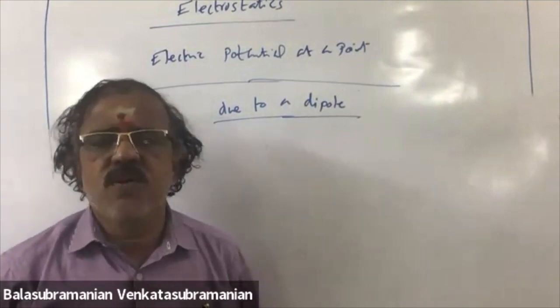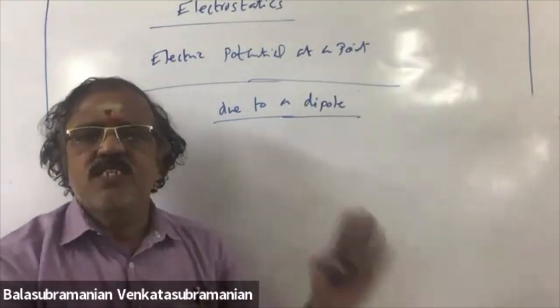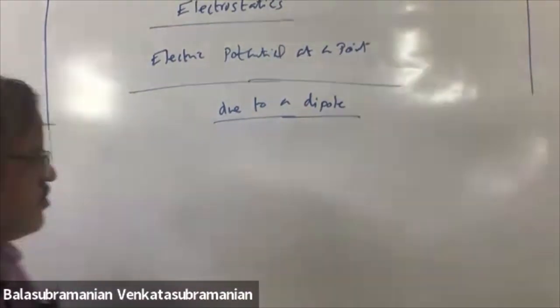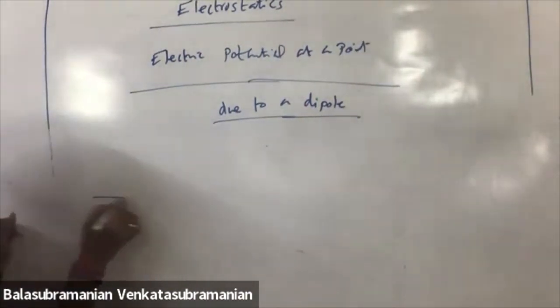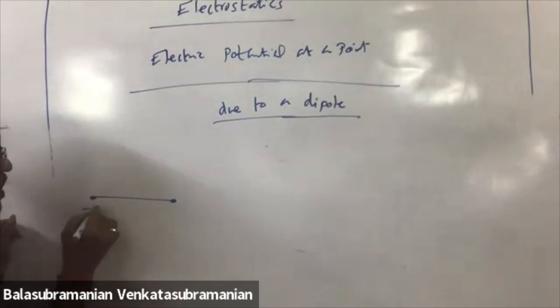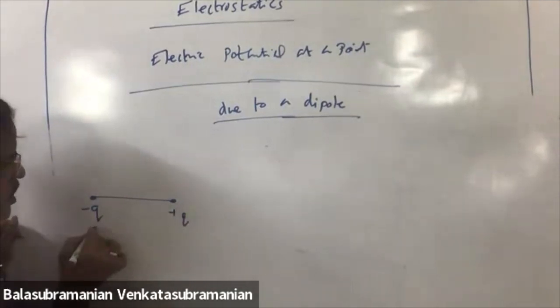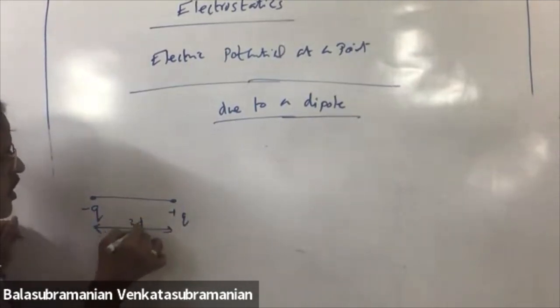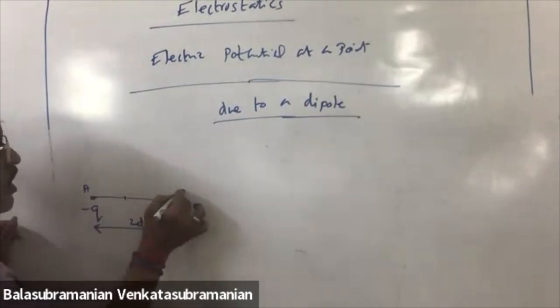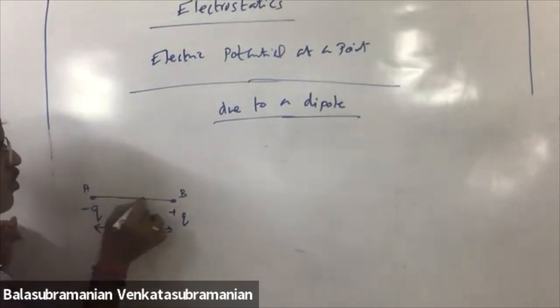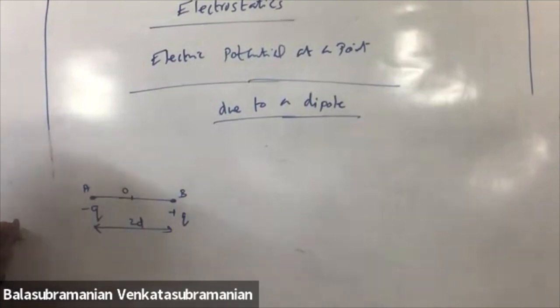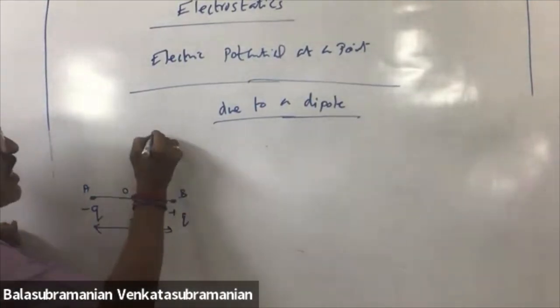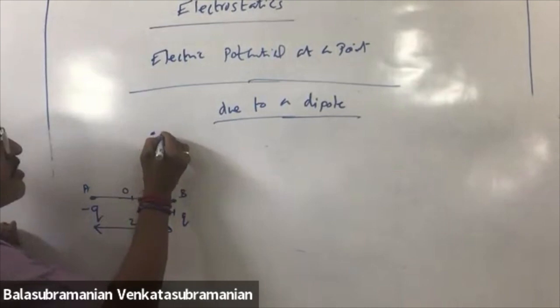Full derivation we are not going to do; we are going to see the basics. Minus Q, plus Q, separated by a distance 2D. This is AB, center is O. Our aim is to calculate at a point here, say C.